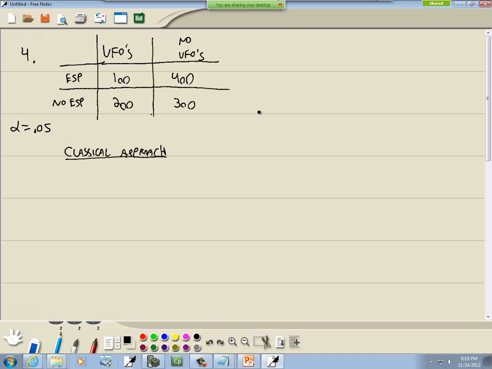It's always a difference. So the p1 is different than p2.